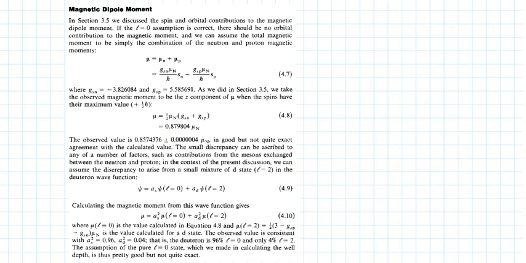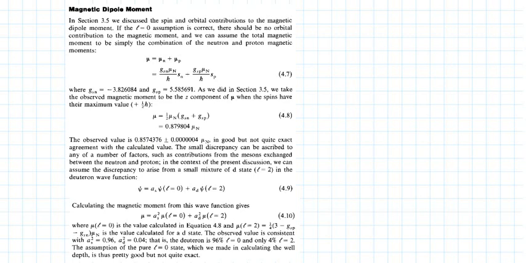This may seem reasonably close, but in nuclear physics we are talking about accuracy to the sixth digit. In that case, these two values differ from each other.